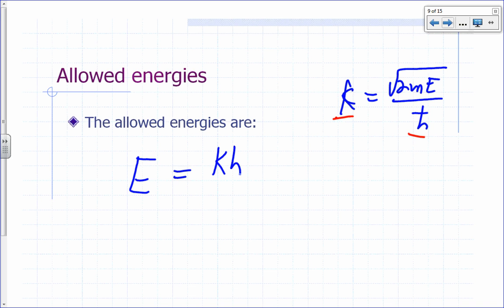So E equals k squared h bar squared over 2m. All right. There's no restrictions. Energy can be anything, right? k can be anything, there's no restrictions. It's a free particle. No quantization. Okay?